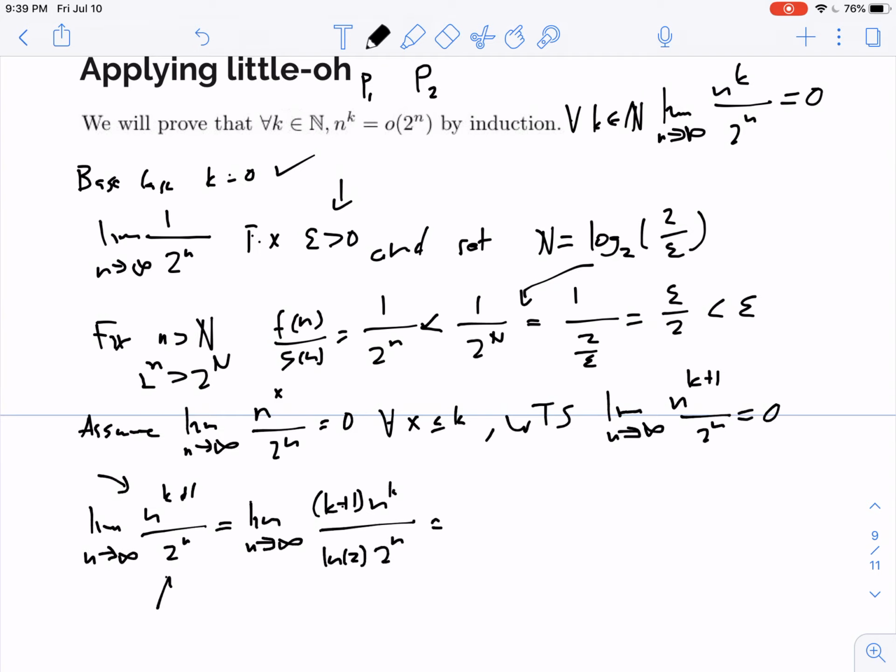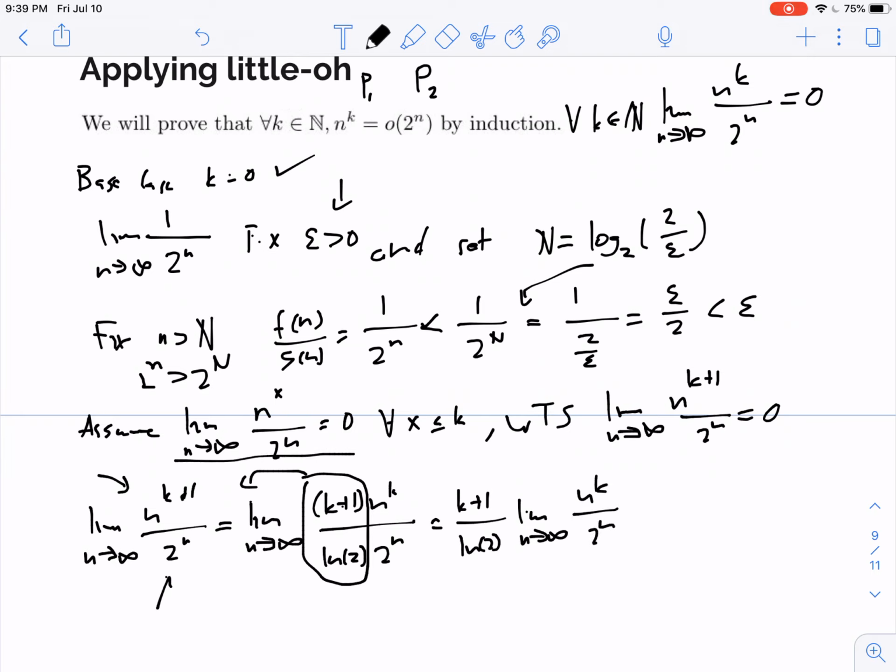Now we apply another limit rule: the limit of some constant c times some function g is the same thing as that constant c times the limit of the function g. So in other words, k plus 1 over natural log of 2 we can just pull out because it's a constant. So we get k plus 1 over the natural log of 2 times the limit as n goes to infinity of n to the k over 2 to the n.